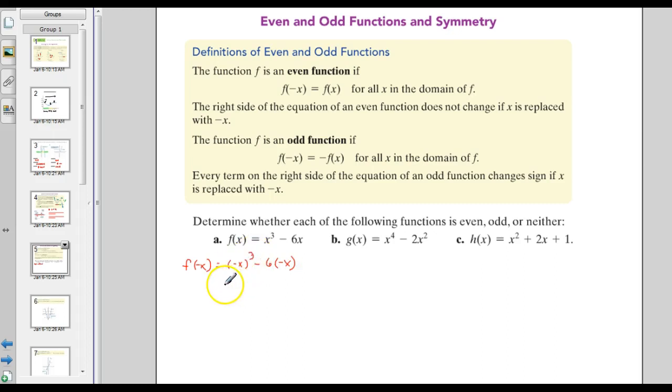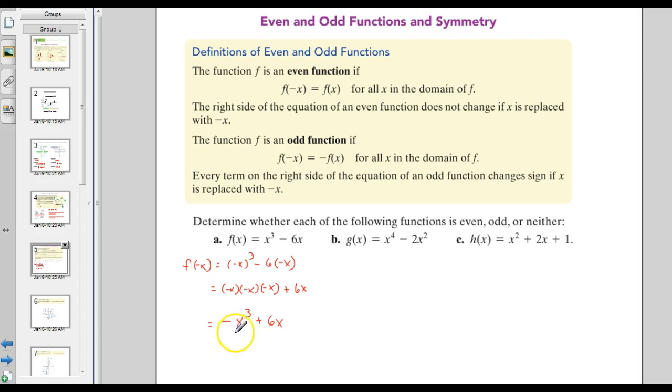Alright, cubing negative x means literally negative x times negative x times negative x. And then negative 6 times negative x is positive 6x. Negative times a negative times a negative is negative. X times x times x is x cubed, plus 6x.